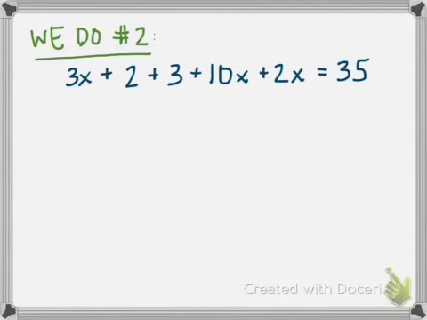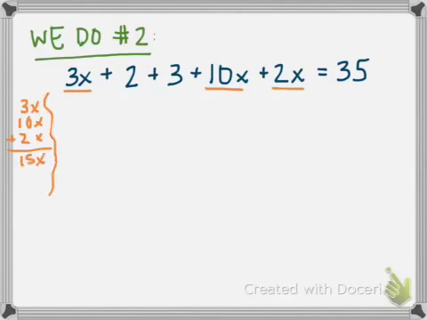So let's take a look at we do number 2. This should also be copied in your notebook. Again, first step is to combine like terms if necessary. Here I can combine 3x plus 10x plus 2x because those are all like terms. They all have the x variable. If I add them all together, this gives me 13, 14, 15x.